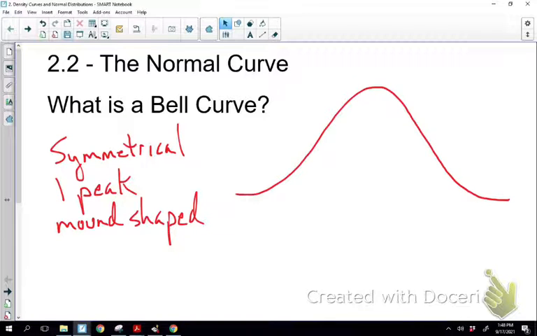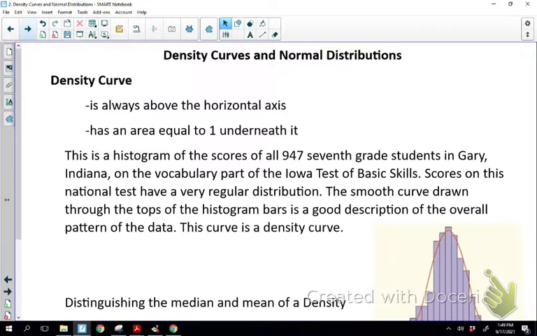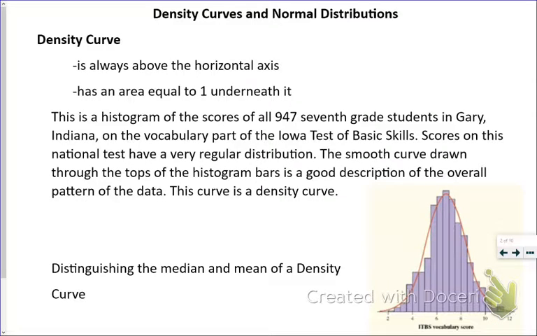There are a few more little things about it in terms of standard deviations, but we'll get to that here in a little bit. So next, we looked at this picture of data. This is a collection of Iowa test scores, and conveniently, it looks a lot like a bell curve.